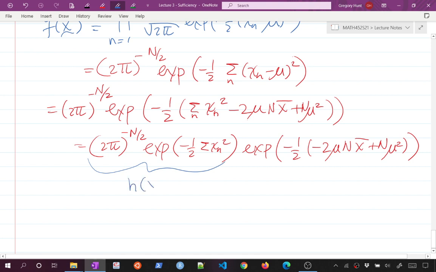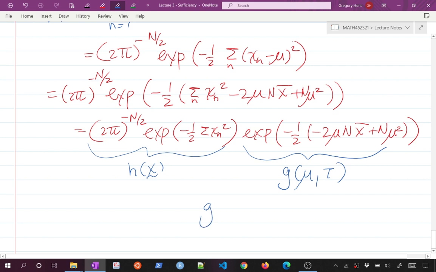This, I can call h of x. It doesn't depend on mu, depends on some stuff. It doesn't even matter if it depends on t. It depends on the x's, and doesn't depend on the parameter. And then here, I'm going to call this g of theta and t. In this case, theta is mu and t.